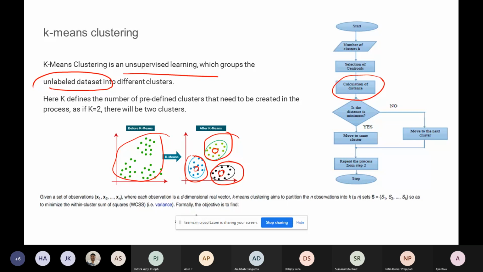Now you have one new data point that you have to test. Testing means you have to check in which cluster to put this data point. Once we have already defined the K clusters, we compute the distance.